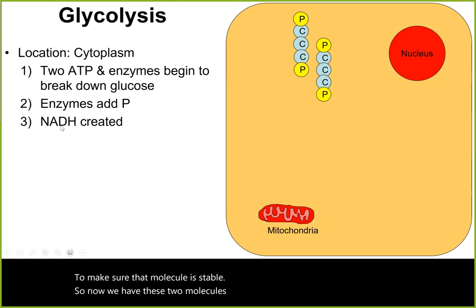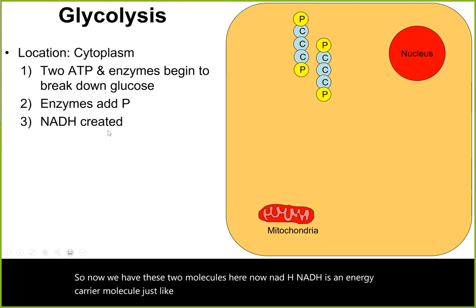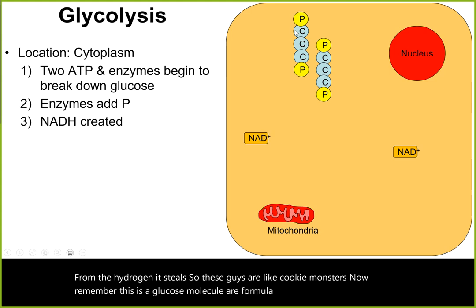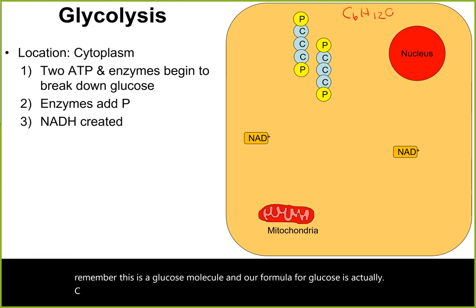Now, NADH is an energy carrier molecule, just like ATP. But it stores energy in the bonds from the hydrogen it steals. So these guys are like cookie monsters. Now remember, this is a glucose molecule, and our formula for glucose is actually C6H12O6. Now, in the picture I just had a bunch of circles with C's in it to represent a 6 carbon molecule.